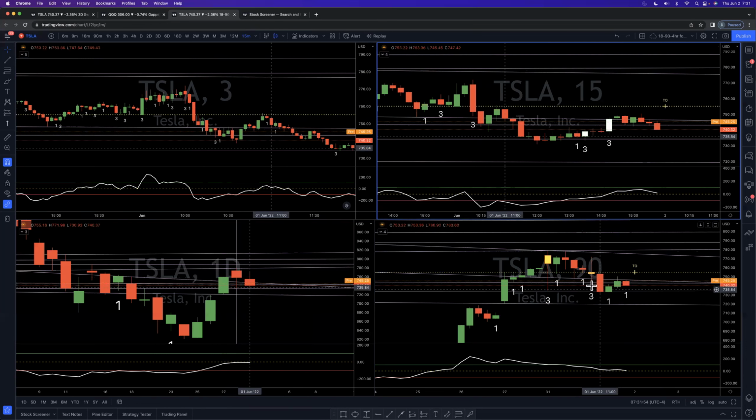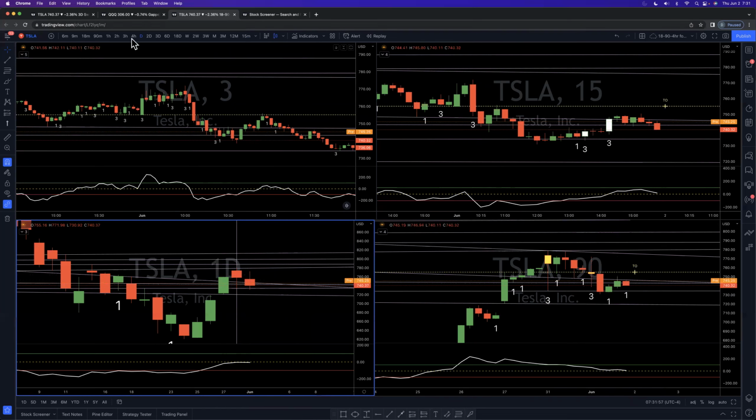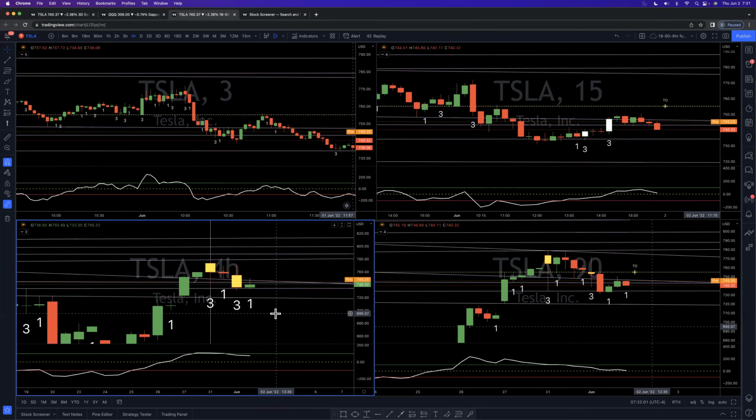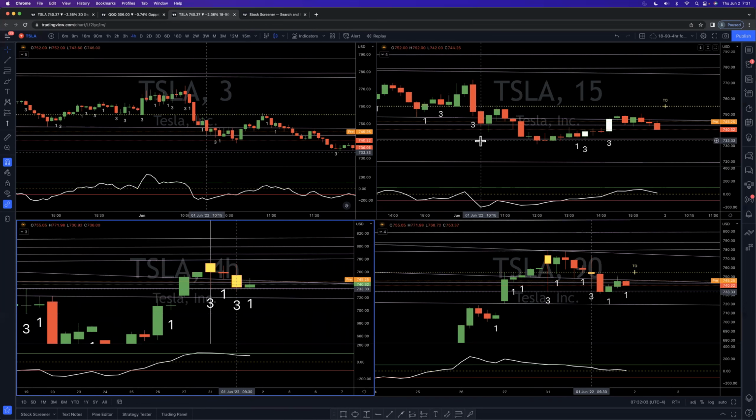I use the 90 and my 4-hour for broadening formations. I know if any of you guys watch my Benzinga video, that's because my goal is to hold positions longer, but that doesn't mean I will. That simply means in my mind, I am going to draw my broadening formation.